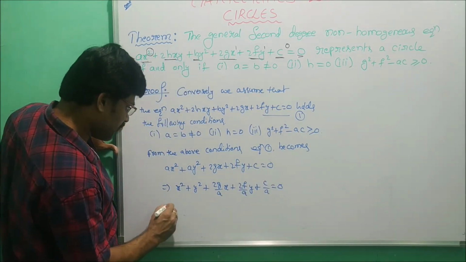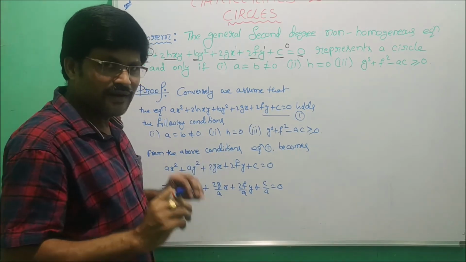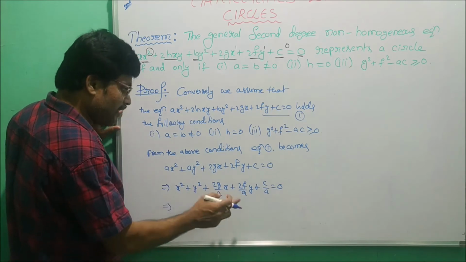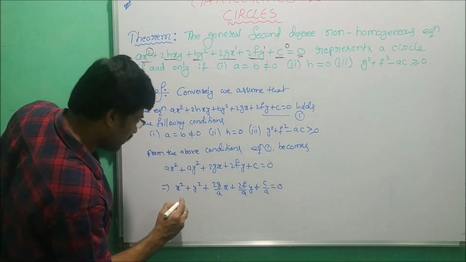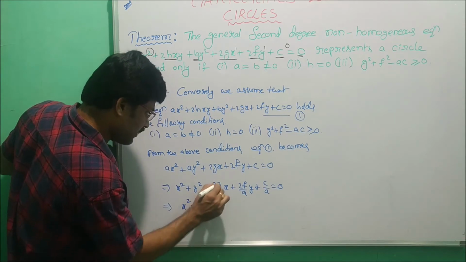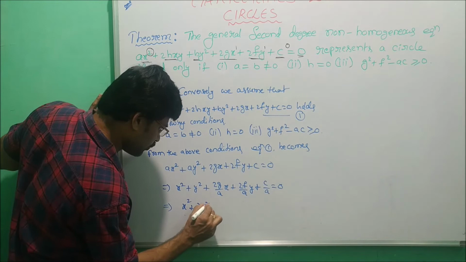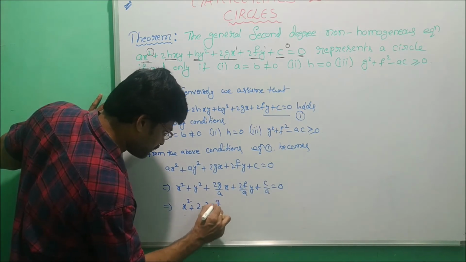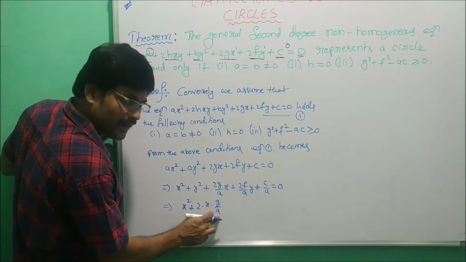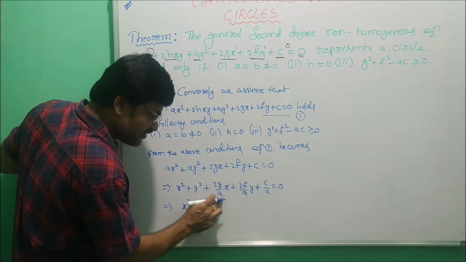Now here we observe that the left side terms can be written as perfect squares. Here we add two terms. First we write x square. Here 2g by a x can be written as 2 into x into g by a. Here this is the form of a square plus 2ab plus b square, where b means g by a.